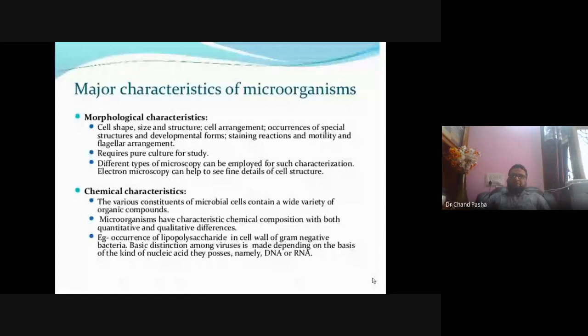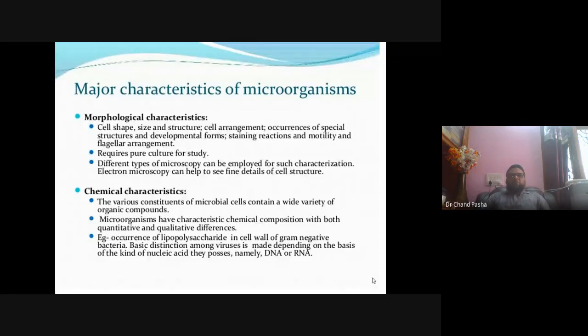All the morphological features will help us to understand the divergence. To understand these morphological features, they need to be a pure culture, in the sense that they should be grown in the laboratory.